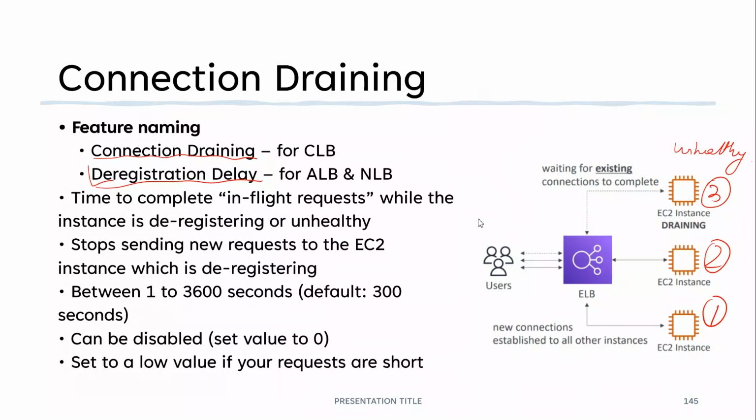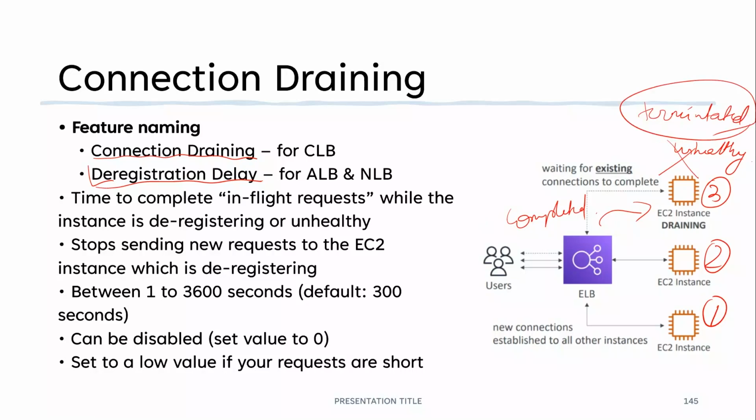Now what will happen if there are some requests which are already sent to this particular EC2 instance, right? Some in-flight requests which are already sent to this EC2 instance. Then before termination of this EC2 instance, the ELB will wait for the completion of those requests. After the requests are completed, this particular EC2 instance will be terminated because it has been stated to be unhealthy, right?